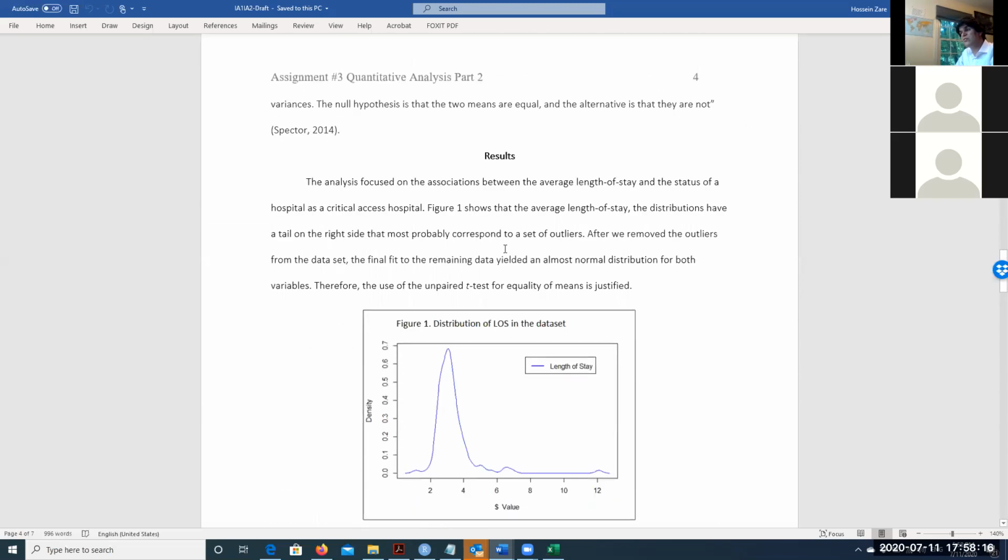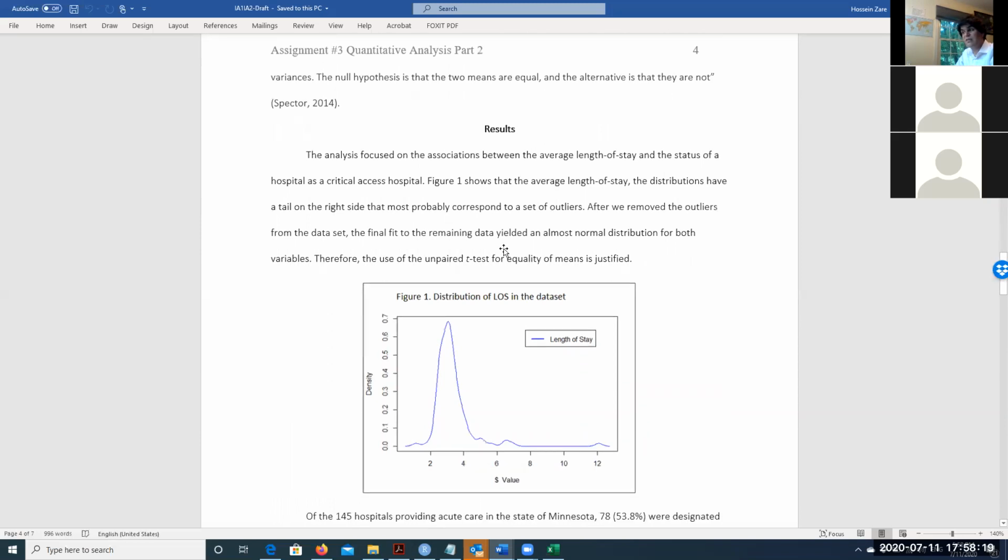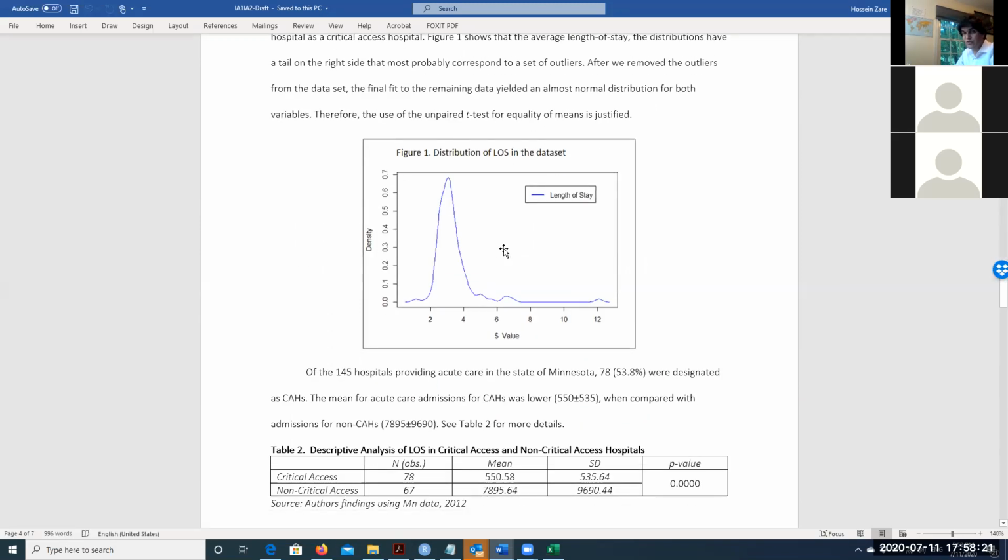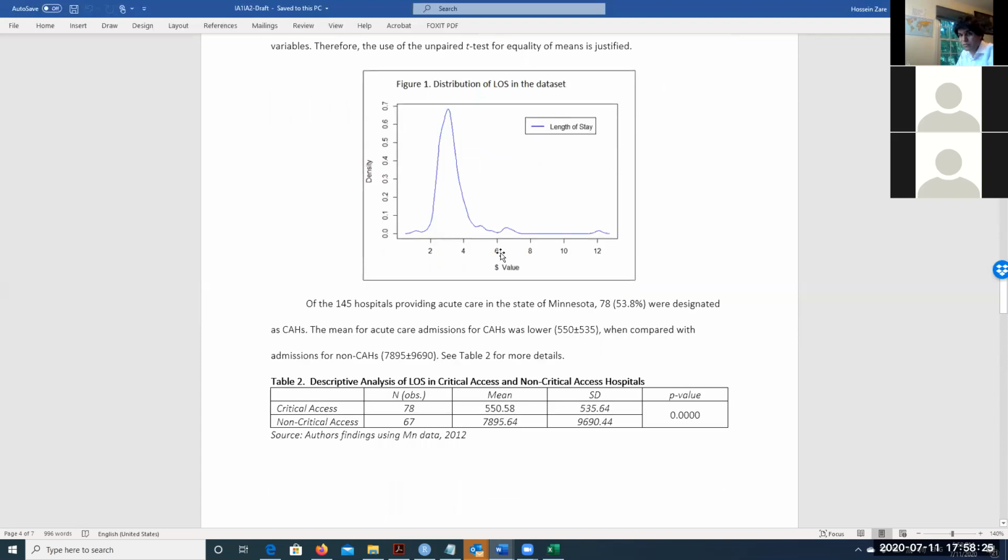And in the results section, please discuss your findings. Please support your findings with a plot. Most of them are not using RStudio, but please support with a bar chart. Even for two populations, the pie chart is a good choice. For example, black and white, maybe the pie chart is a good chart.